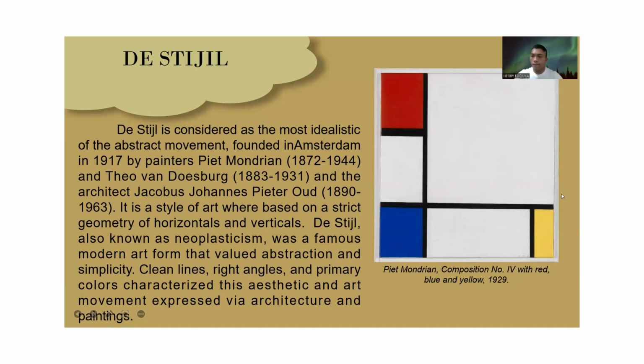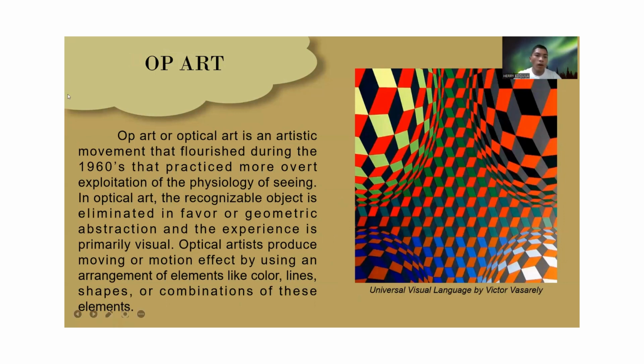So next is Op Art, or Optical Art. It's an artistic movement that flourished during the 1960s that practiced more overt exploitation of the physiology of seeing. In optical art, the recognizable object is eliminated in favor of geometric abstraction, and the experience is primarily visual.